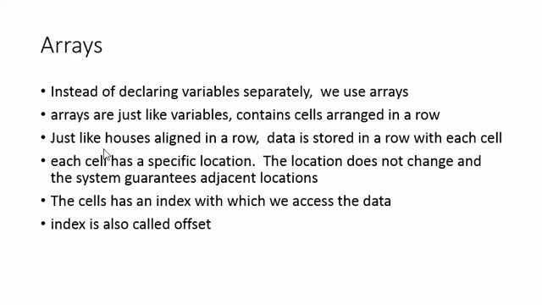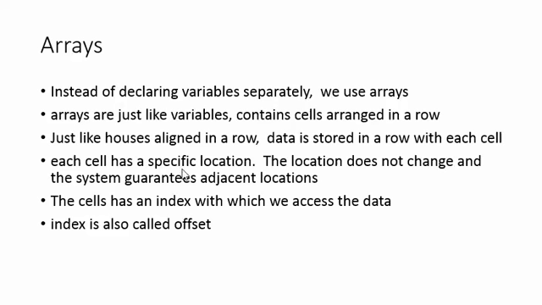This is something you have to remember. You probably did some Java classes regarding arrays, but you have to understand how it works in this course. The cell has an index with which we access the data, and the index is also called an offset.